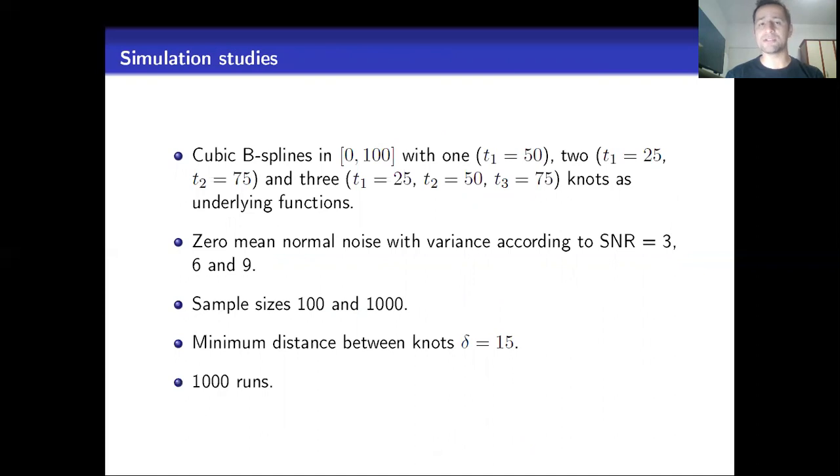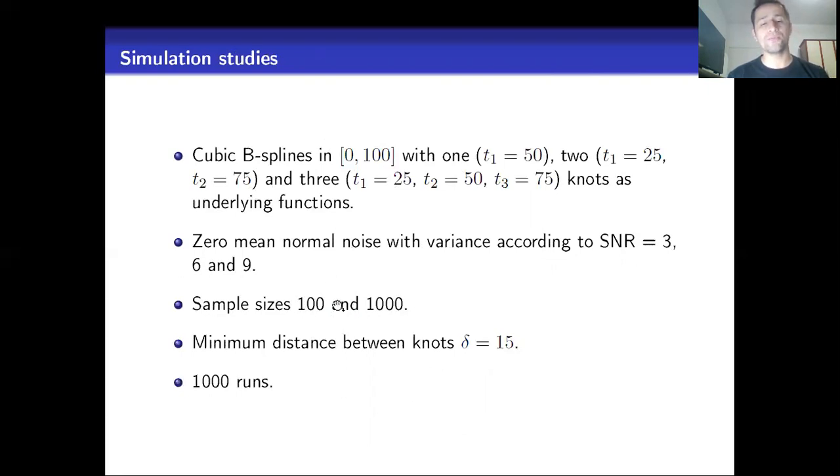We performed some simulation studies to evaluate the performance of the method using cubic B-splines as underlying functions with 1, 2, and 3 internal knots. So we have 3 underlying functions. We added zero mean normal noise with variance determined according to 3 signal-to-noise ratio values, 3, 6, and 9.